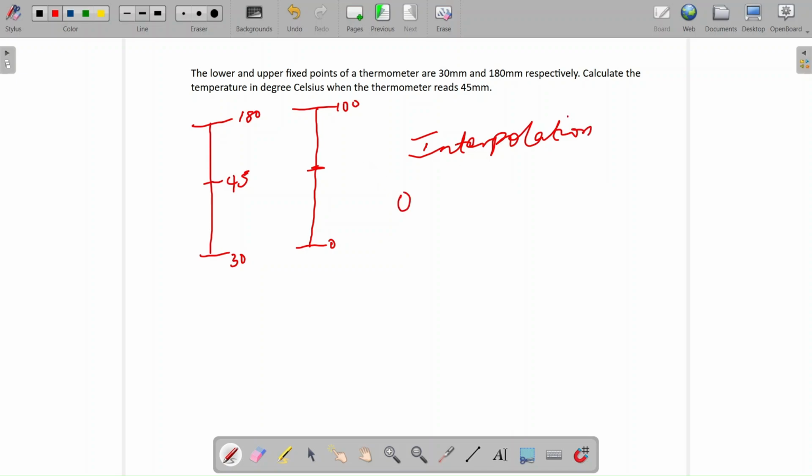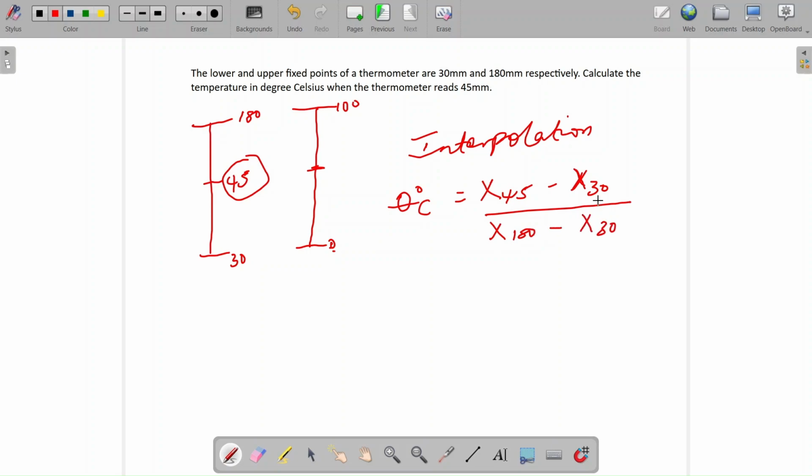What interpolation is saying is, at the degree you are looking for, this one is your x 45 minus your x 30, which is the lowest point, divided by your x 180 minus your x 30.